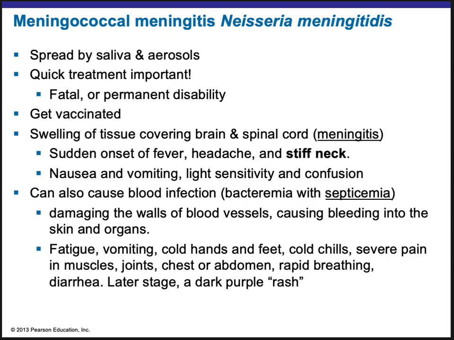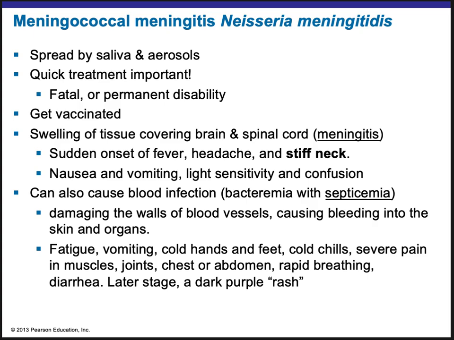So even with antibiotic treatment, about 10 to 15% of cases are fatal, and about 11 to 19% of survivors will have long-term disabilities. It can be anything from one or more limbs having to be amputated, deafness, severe nervous system problems, or brain damage.